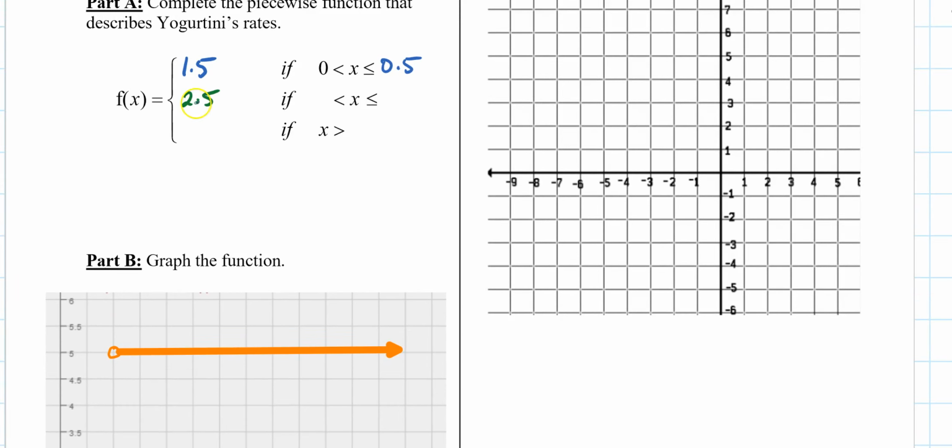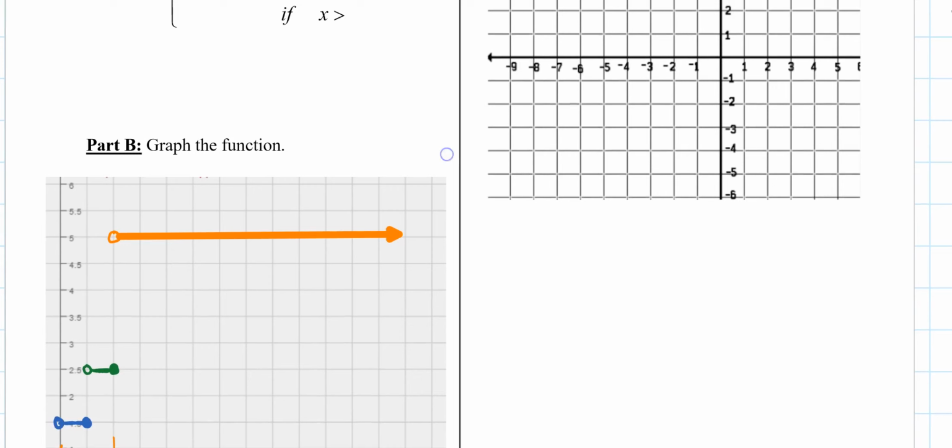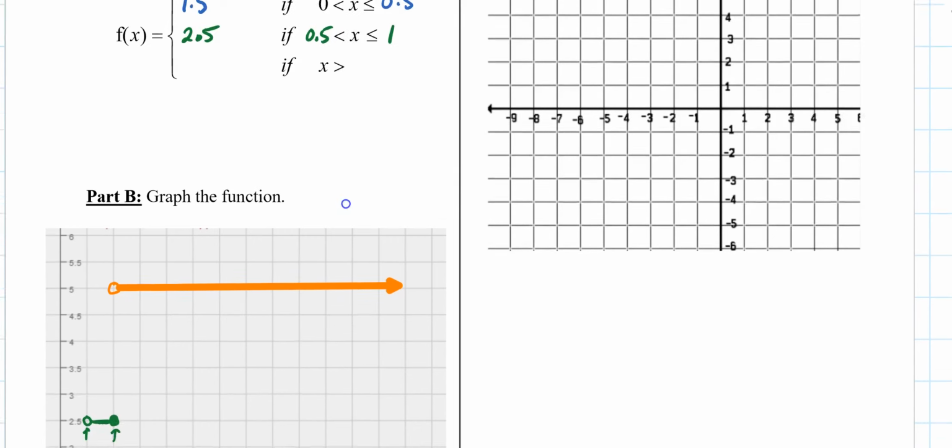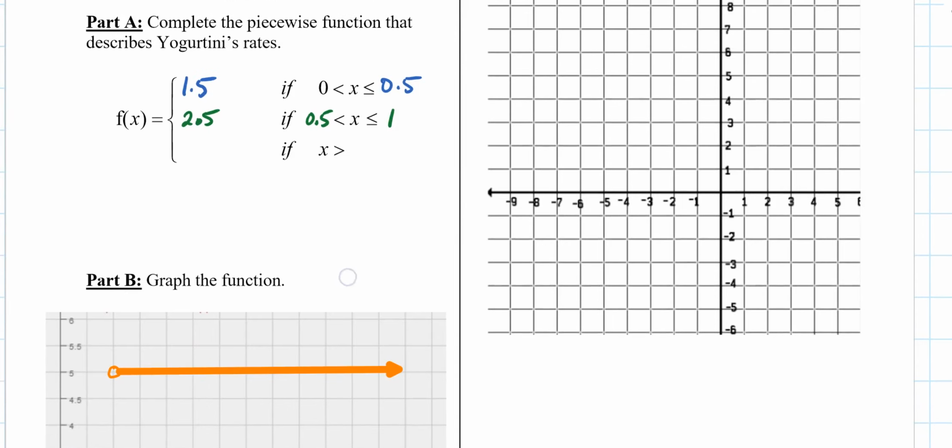And we're going to use that one if we're between 0.5 pounds and 1 pound. And notice the inequality is already in there. It was less than and less than or equal. So we have our circles correct, open and closed, open, closed. And the last one, the orange one, we had a rate of $5 whenever x was greater than 1.